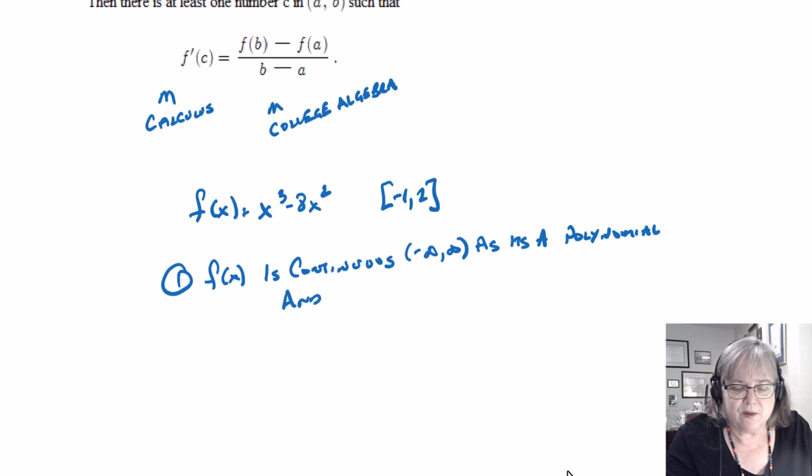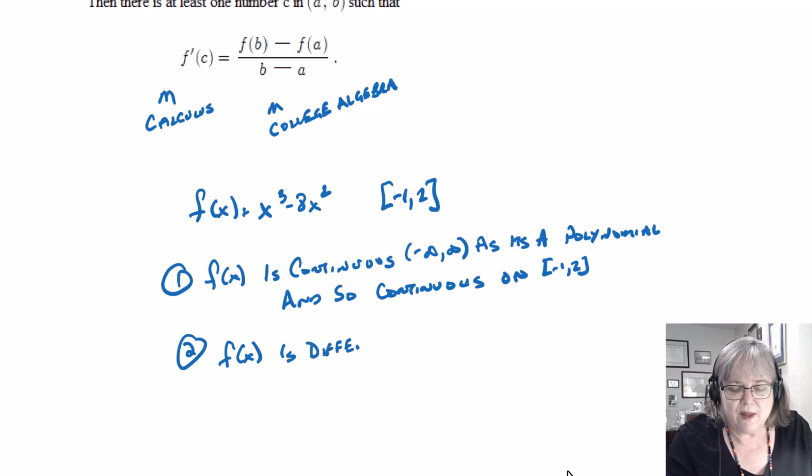And so continuous on -1 to 2. Now, it's also differentiable because I don't have any portions on a polynomial that have those sharp turns, cusps, or asymptotes or anything where I can't take the derivative.